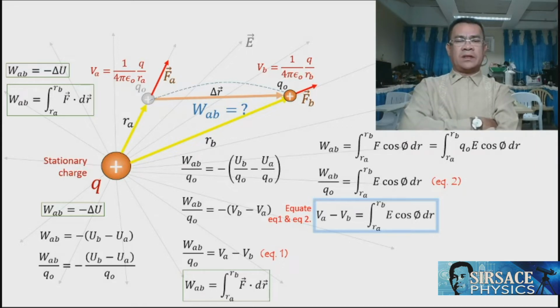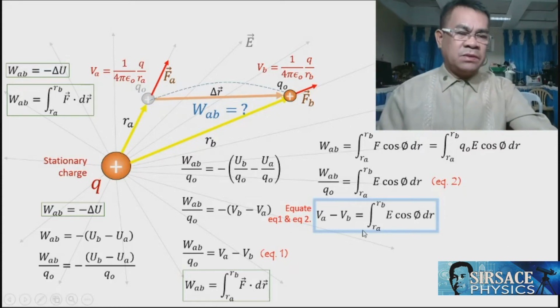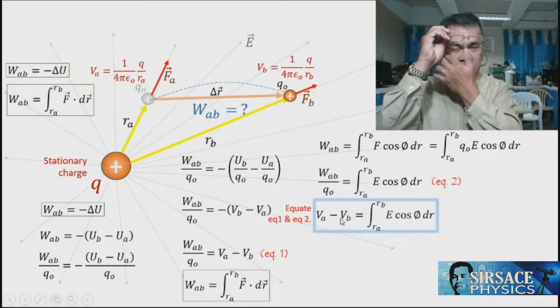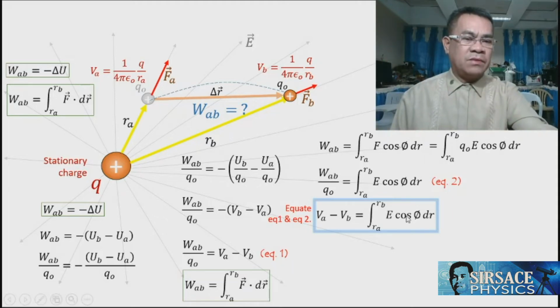Now, how important is this formula? How important is this formula? Take note that the voltage can be computed if you evaluate the integral involving the electric field and the angle between the displacement. So with this, you can solve for the potential difference or the voltage in terms of the electric field.